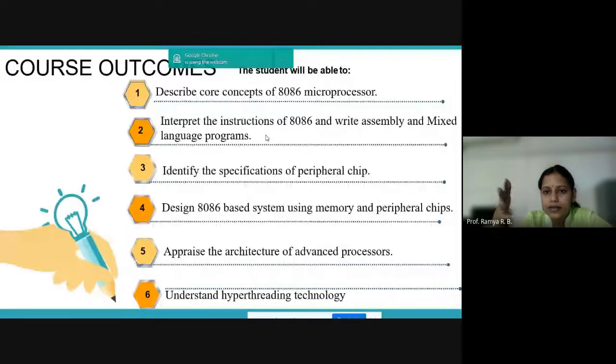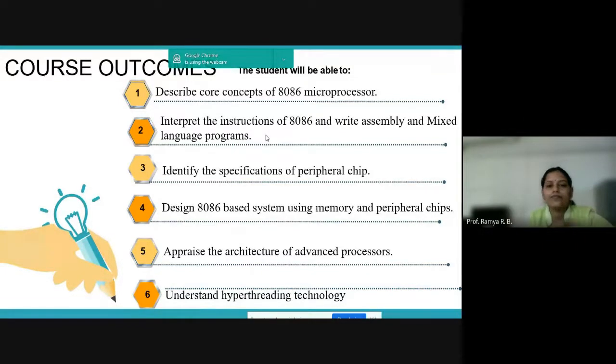If you go in the hardware line, you will be able to become a system programmer, system analyst, chip level designer. There are so many associated roles in companies like Intel, Motorola, etc. You will have hardware positions. So programming is not the only job that you can take up. If you are interested in this line, you can pursue a career in hardware also.